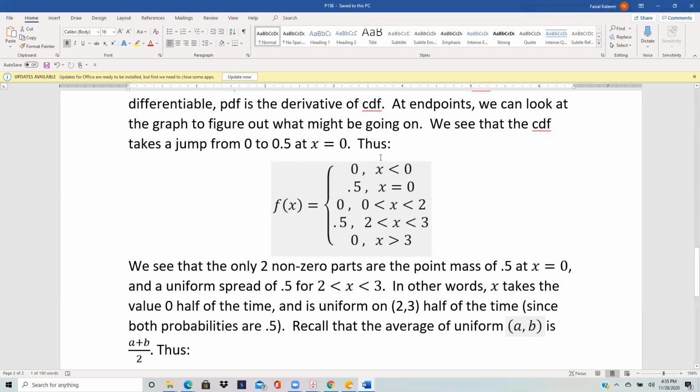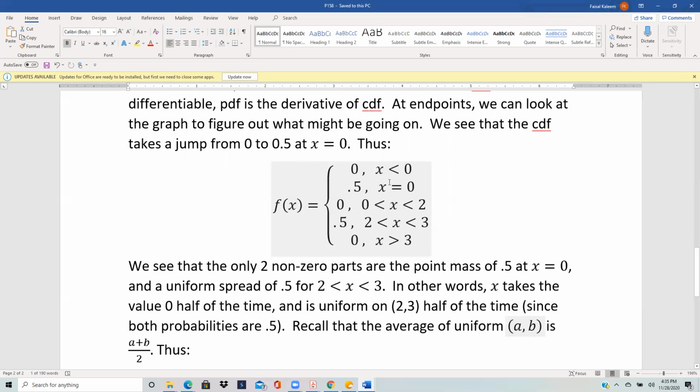So this is a mixture of this discrete part, which at x equal to 0, the probability is 0.5. And then this part is a continuous part because this is a continuous range of x from 2 to 3. And here also it's 0.5. So whenever we have this discrete part sitting in a mixture kind of PDF, that's referred to as a point mass. So what we say is that we have a point mass of 0.5 at x equal to 0.